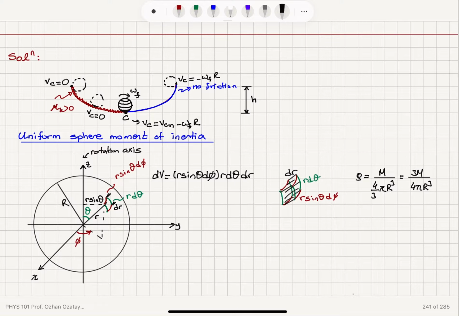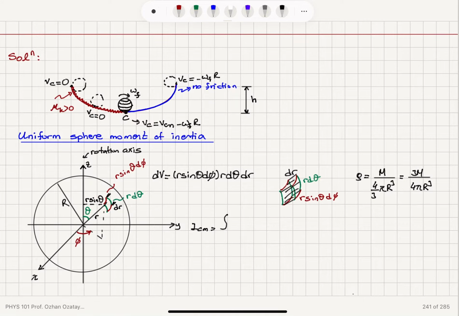Now, for rotations about the center of mass, we can calculate the moment of inertia, I center of mass. This will be the integral. Now, the integral over theta will be from 0 to pi. The phi will be 0 to 2 pi, so we will be basically going over all possible angles phi here. And then if we go from 0 to capital R, we will have basically spanned the whole volume.